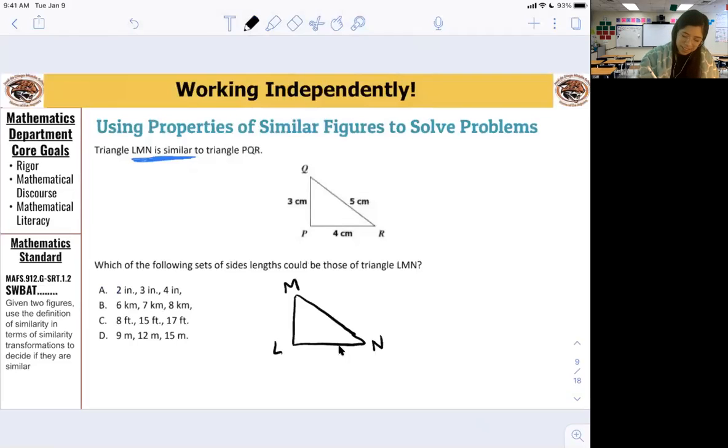LM. Okay, so that's the smallest one, so this is 2. Which one's the longest side length? Our hypotenuse, MN. So that one's 4, and then this one's 3. Would that make any sense? Does it have proportional ratios?